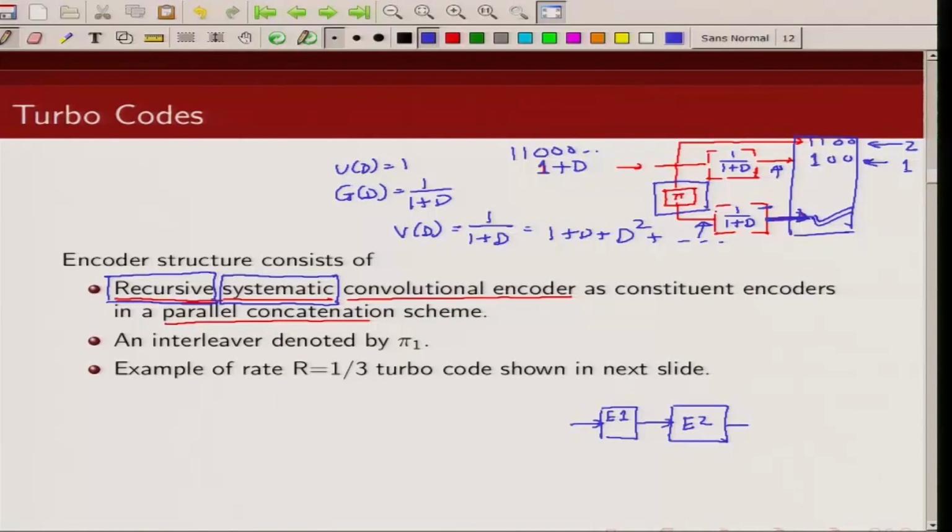Now, remember what is interleaver? Interleaver is just a permuter, it is just shuffling bits. So, if you had bits which are like this, let us say 1 1 and all zeros, and typically the block sizes are very large, 1000, 10,000, let us say. And let us say your interleaver kept this 1 here, but moved this 1 to the last location, and in between you had all zeros.